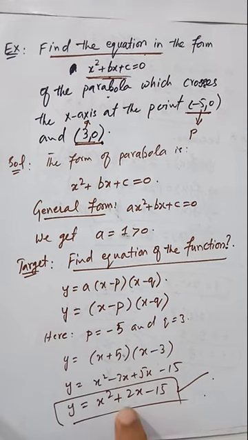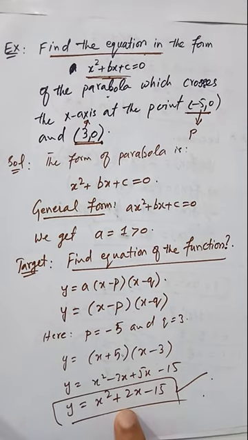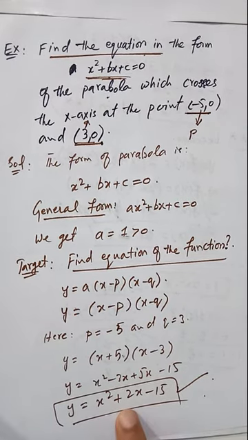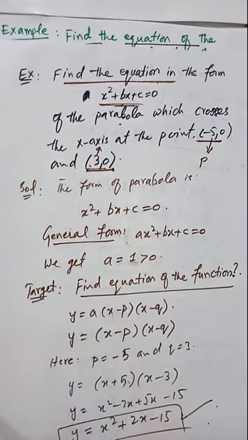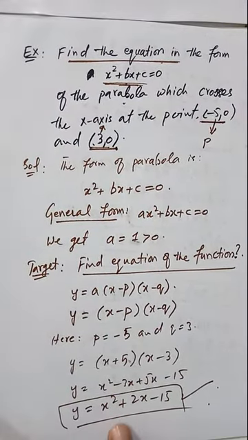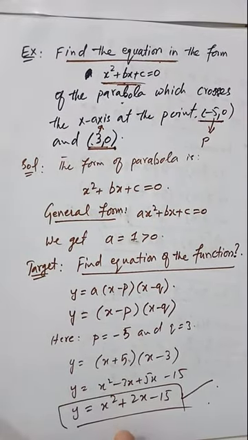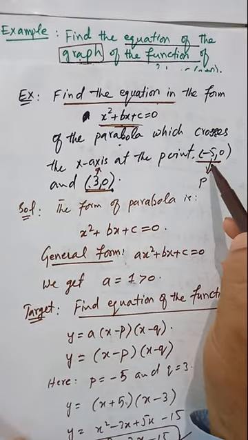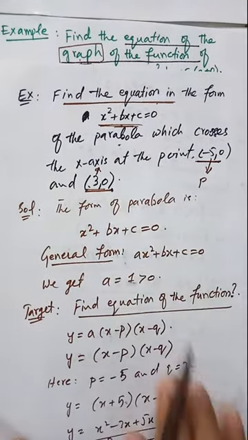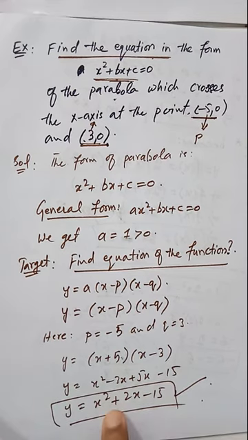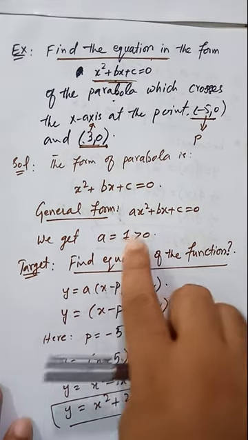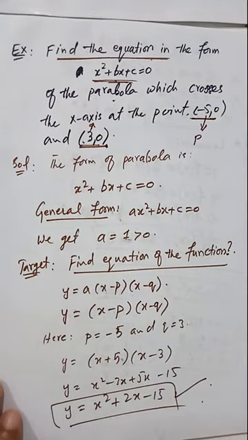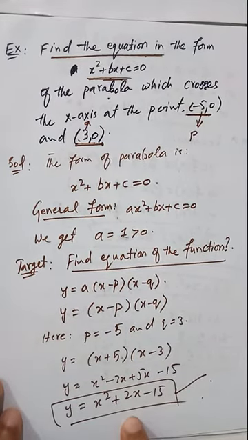So this is the required equation of the form x square plus bx plus c of the parabola which passes through these 2 points. It means when you find the x-intercepts for this function, you will always get that the x-intercepts must be minus 5, 0 and 3, 0. And the branches of this parabola will always be upward because the value of a here is 1.